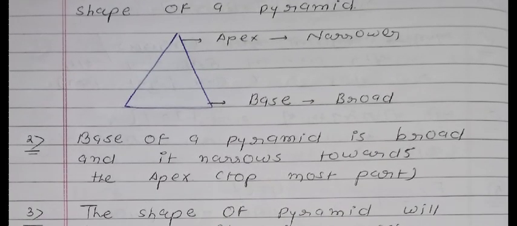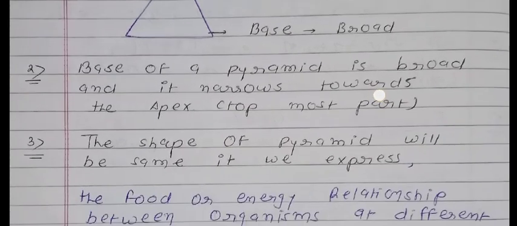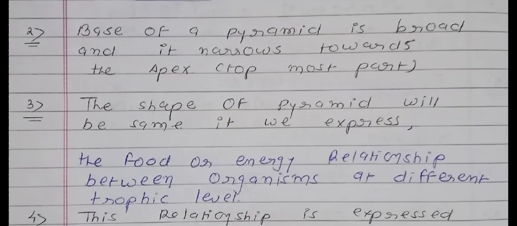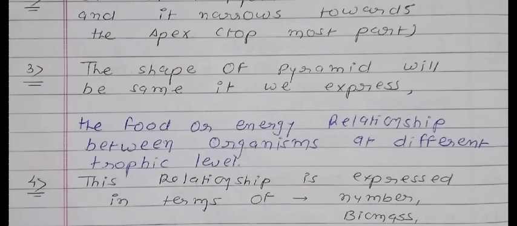Second point, the base of the pyramid is broad and it narrows towards the apex, meaning the topmost portion of the pyramid. It means it is triangular in shape. Point number 3, we can say that the shape of the pyramid will be the same if we include the food or energy connection, meaning the energy relationship between different organisms at different trophic levels.